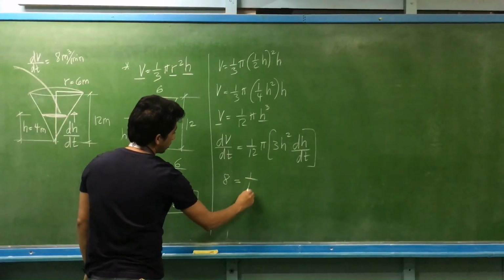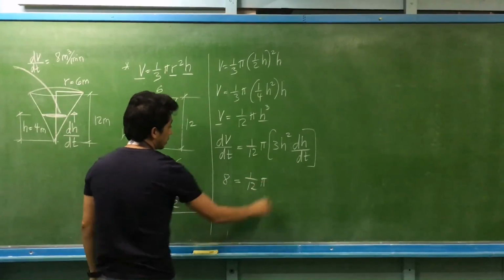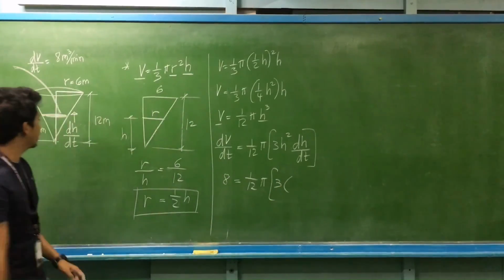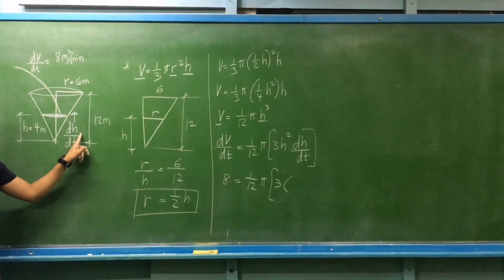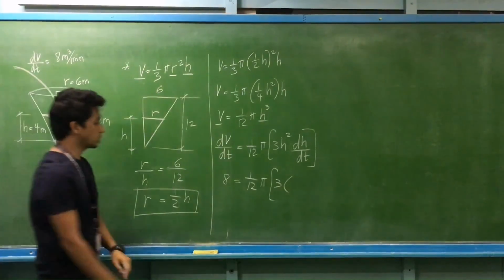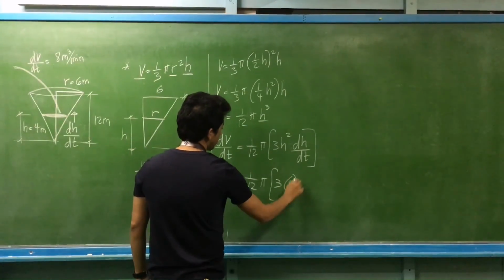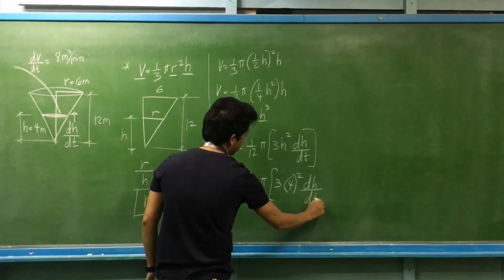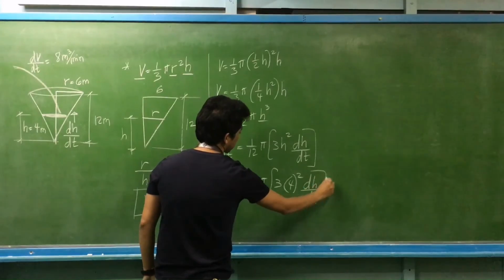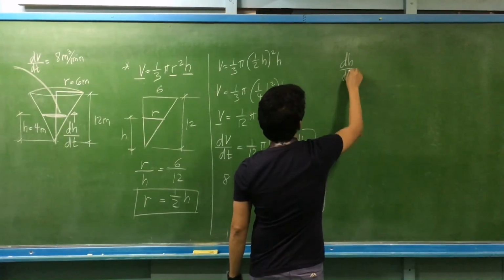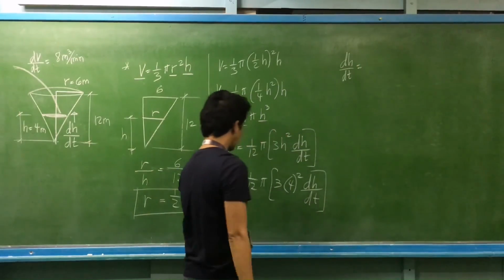This is equal to 1/12 pi multiplied by 3 times, since we are looking for the change of height with respect to time at h equal to 4, it's the same as 3 times 4 squared times dh over dt. So let us compute for the differential height with respect to the change in time.